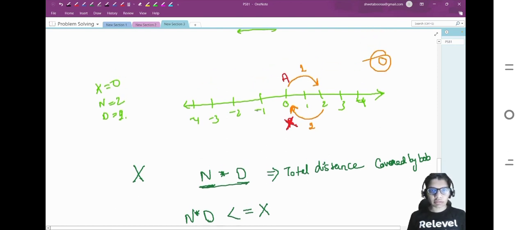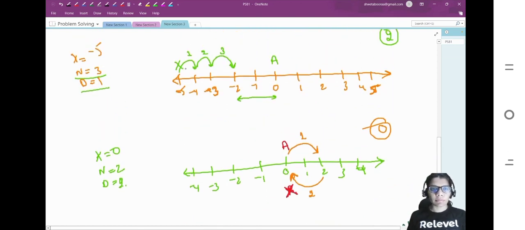As we have seen in this particular case, the total distance was n into d, which was 3 into 1 equals 3, right? So total distance covered by your steps was 3, which was from -5 to -2. But we haven't crossed your 0.